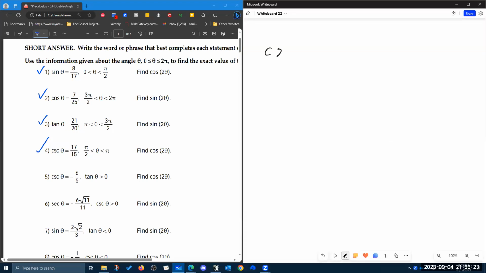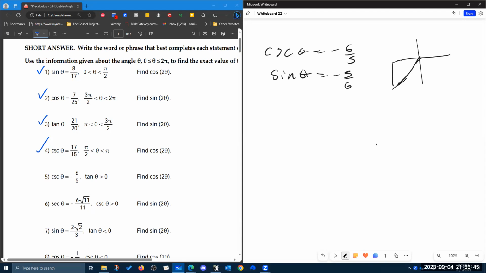And there's no simplification to be done. Now cosecant is negative 6 over 5, which makes sine equal to negative 5 over 6. They tell us that tangent is positive and sine is negative. So that's got to be down here in quadrant 3.